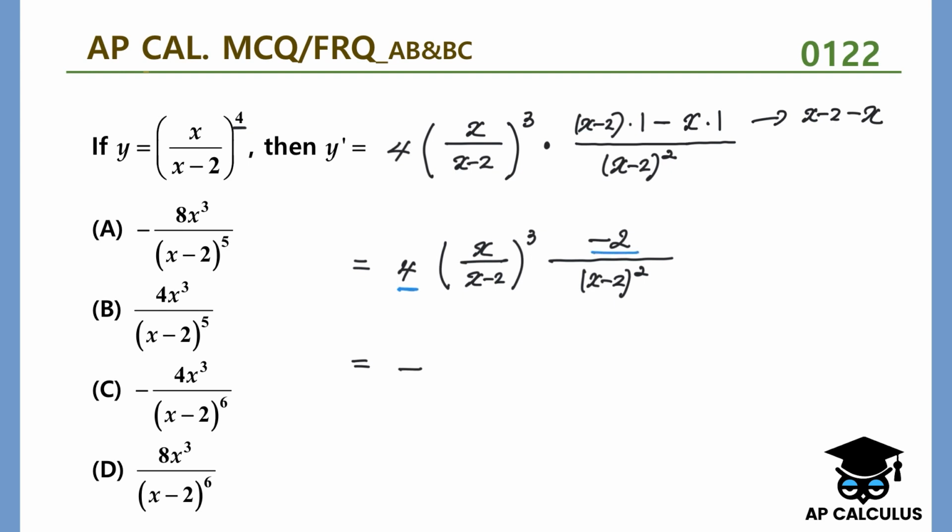So negative 8, we have x cubed. So 8x cubed over (x minus 2) cubed times (x minus 2) squared. That's going to be (x minus 2) to the power of 5, right? So the answer has to be A.